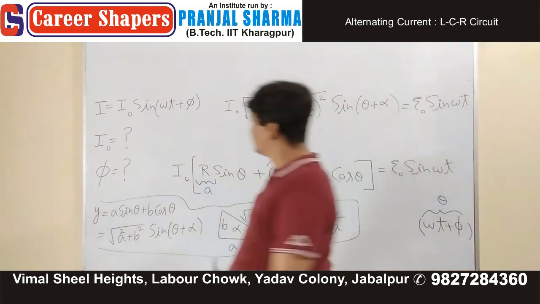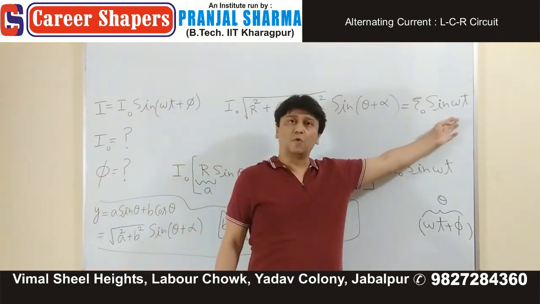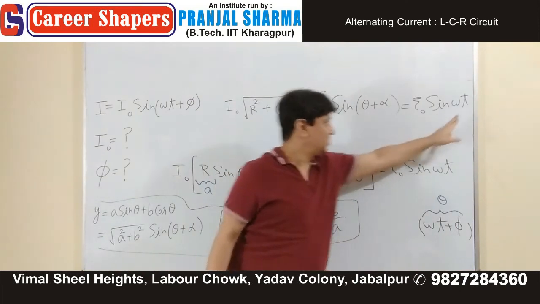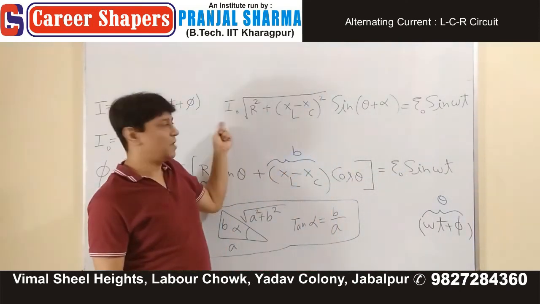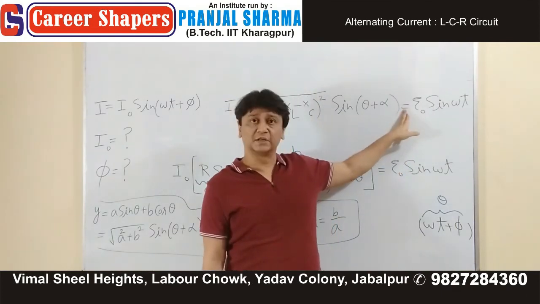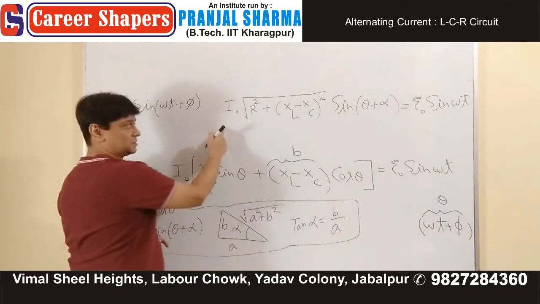Now, left hand side is equal to right hand side. This is the term of sine, this is the term of sine. You have a coefficient over here, you have a coefficient over here, and the whole thing is equal. How do you justify this? Like this.